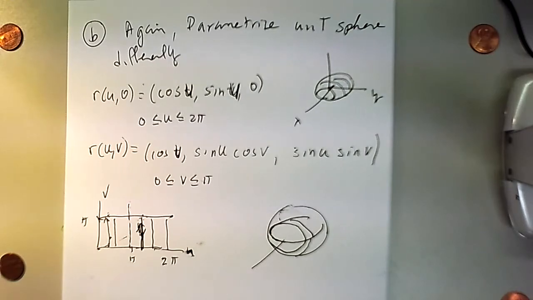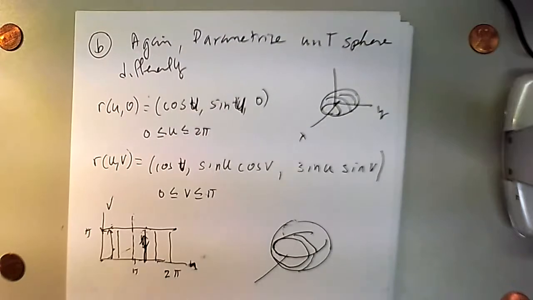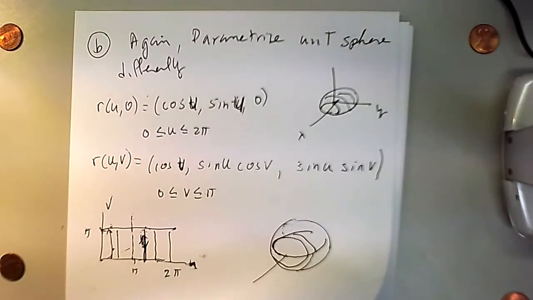Most of the stuff we're going to be doing will parameterize reasonably easily. Next, let's talk about areas of surfaces that have been parameterized in general.